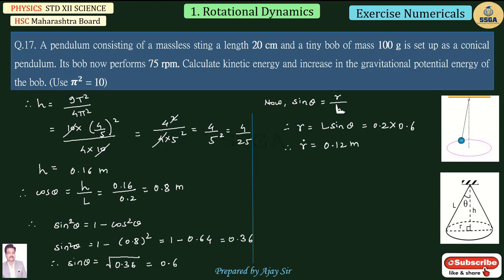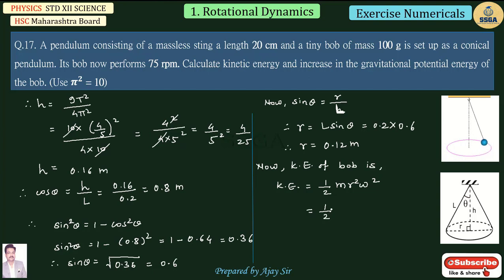So this is the radius. So therefore now kinetic energy of bob, from formula it is 1 by 2 m r square omega square.